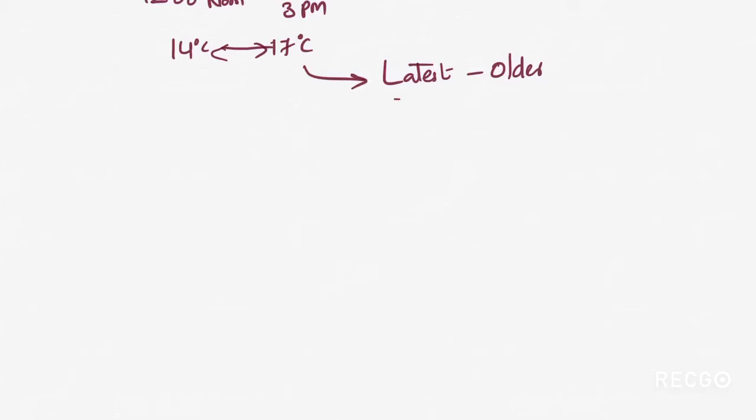In the same manner you will calculate 12 noon to 3 pm. The temperature goes from 14 degrees centigrade to 17 degrees centigrade. Therefore the difference is latest minus older timings, divided by the time gap, what you really observed before. 12 noon to 3 pm is 3 hours.